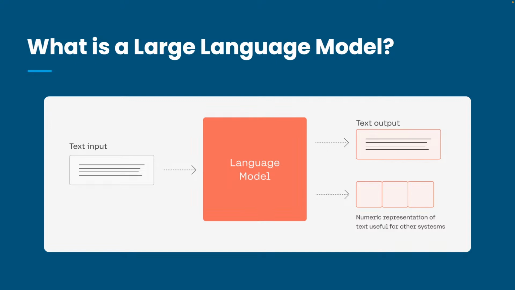And it's a model because it's a neural network, a machine learning model. As you can see here, we have a diagram of the inputs and outputs. The input is just your text input, like the prompt that you give ChatGPT. And the output is of two forms. One is the text output, the response from ChatGPT. And the second is a numeric representation of this output.